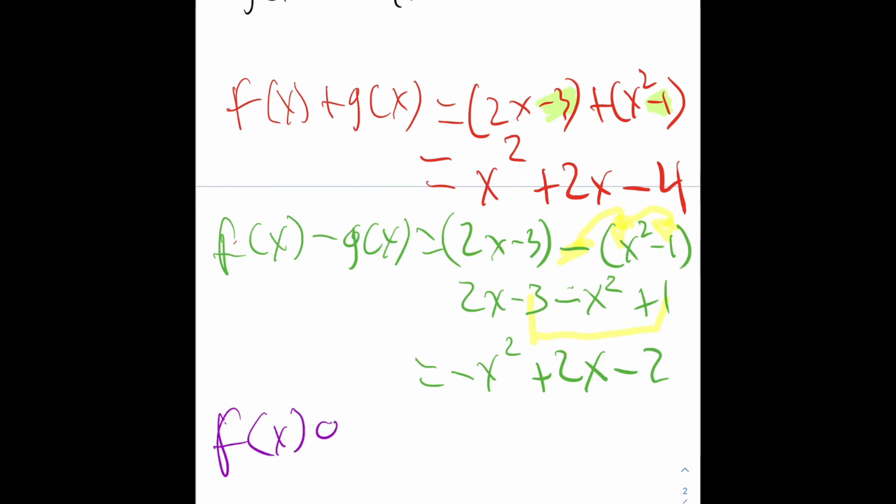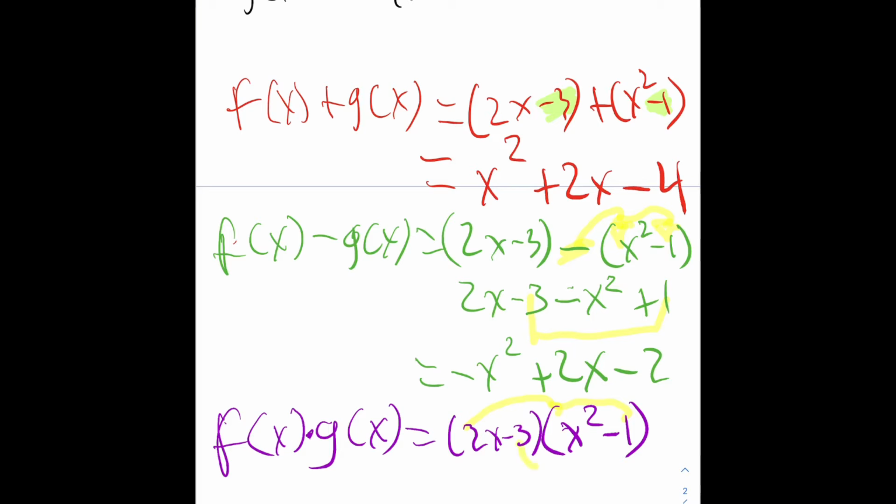Let's go ahead and multiply them: f of x times g of x. 2x minus 3 multiplied by x squared minus 1.